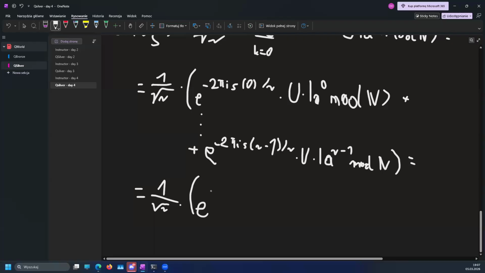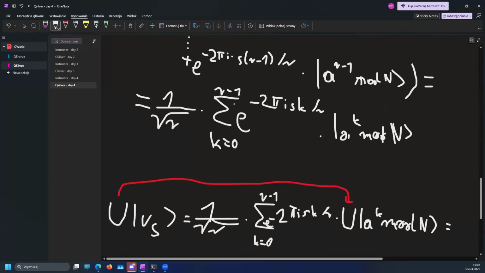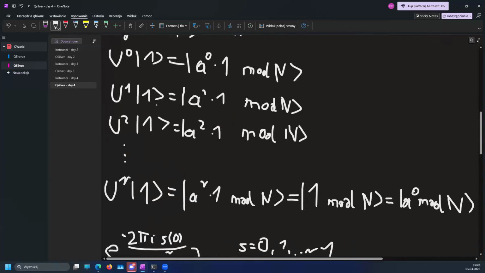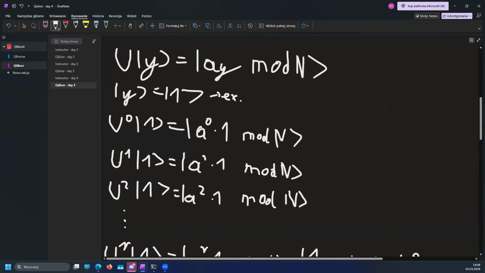So it will still be e to the power of minus 2 pi i s times k divided by r. And here, by definition of this U operator, U to the first power, we know that it will basically raise this power of a by 1.